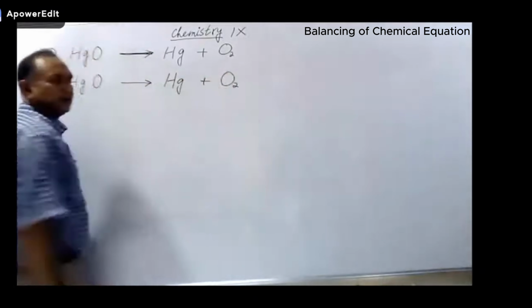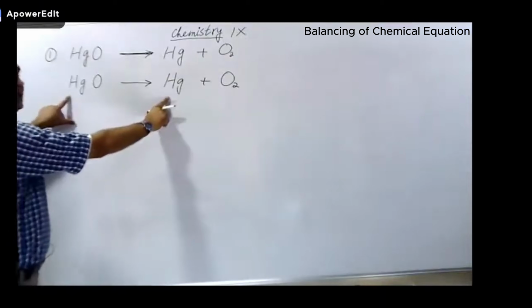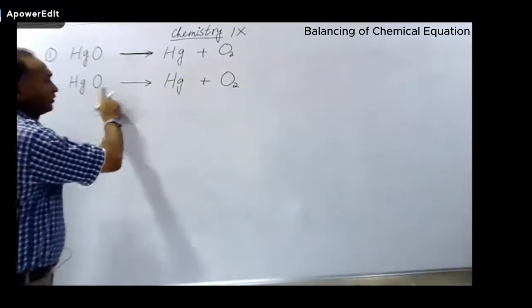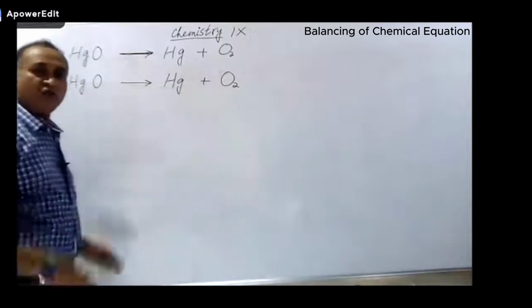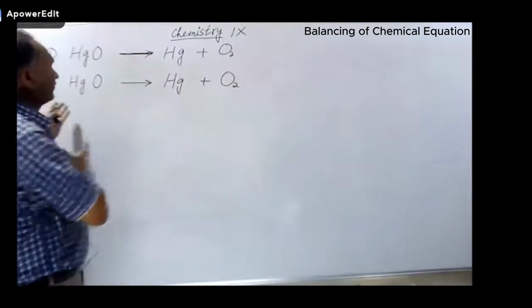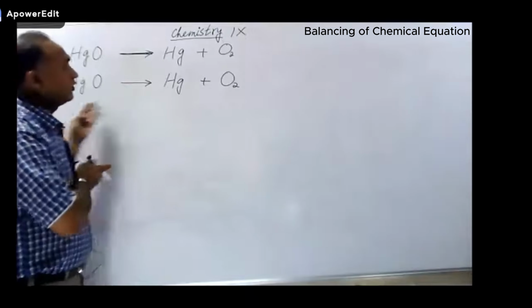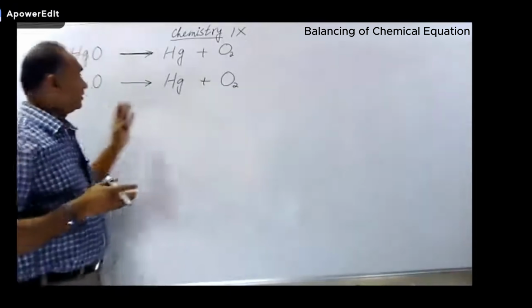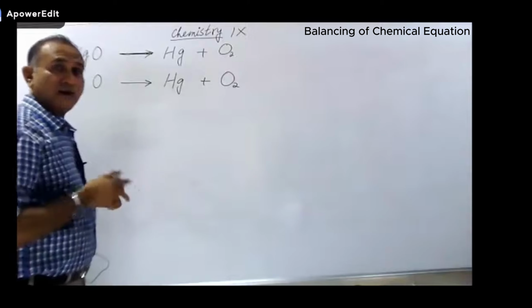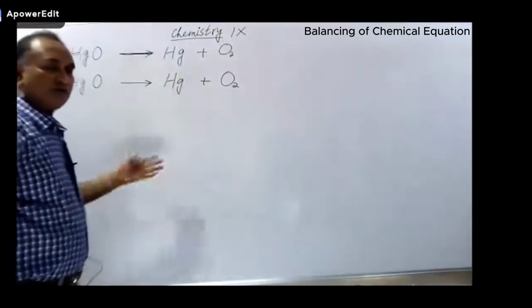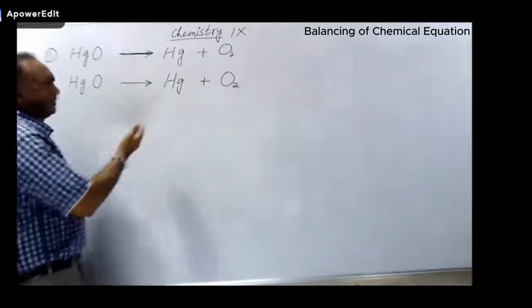So which one is unbalanced? Mercury is balanced. 1 mercury, 1 mercury. 1 oxygen, 2 oxygen. So the number of oxygens is different. On the left side, the reacting side, it's 1. On the right side, the product side, it's 2. Once I was teaching in class, and I gave an equation to a student, and I said, just balance it.